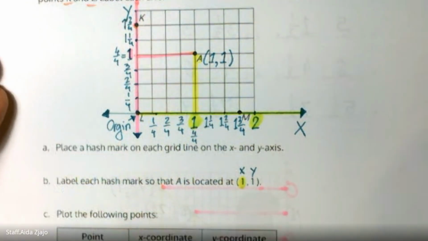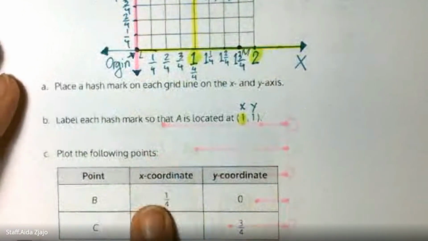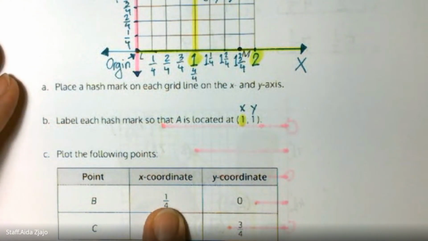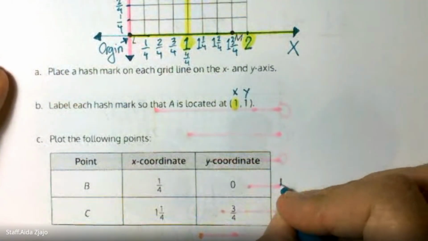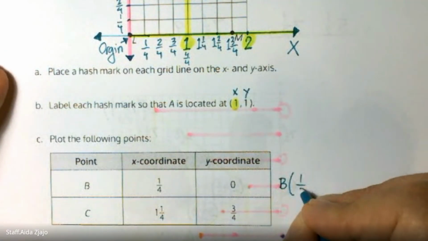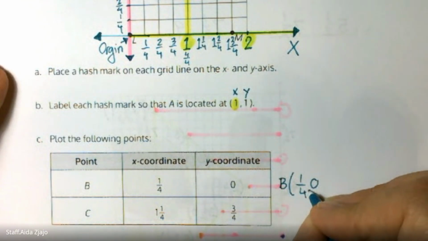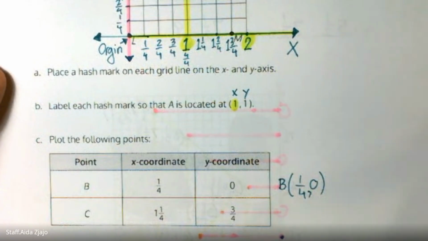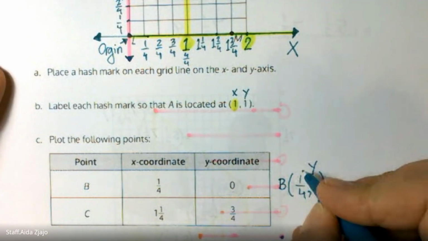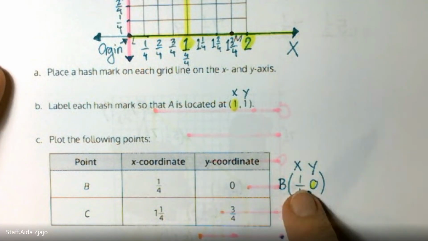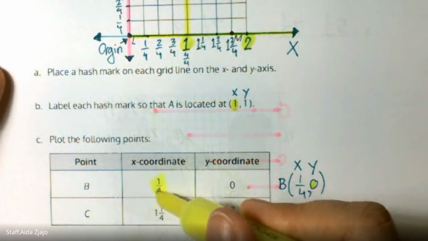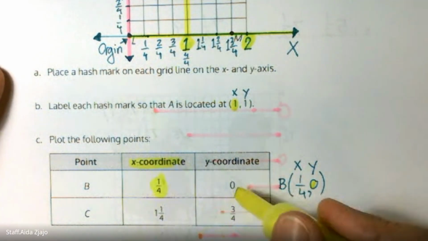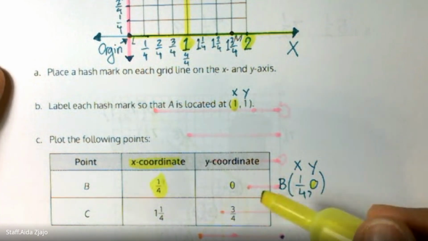We have to find B, and B is 1/4 and 0. B has to be 1/4 for x and 0 for y. When one coordinate is 0, I don't have a y, I only have x, so my point is on the x-axis.